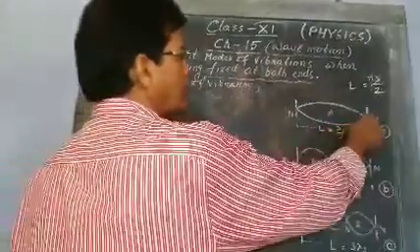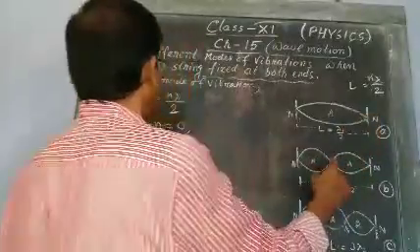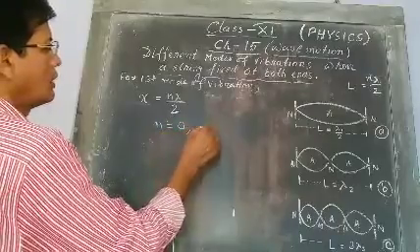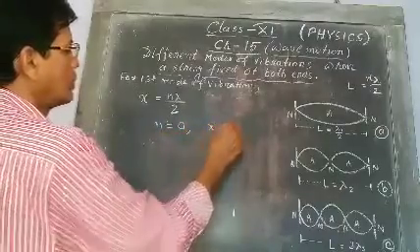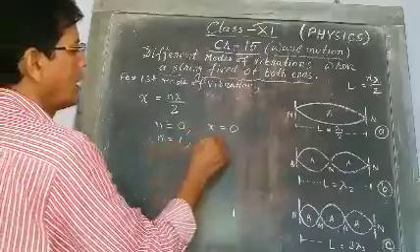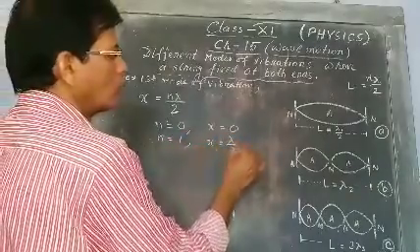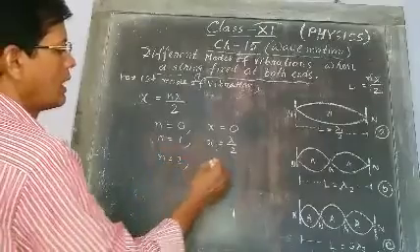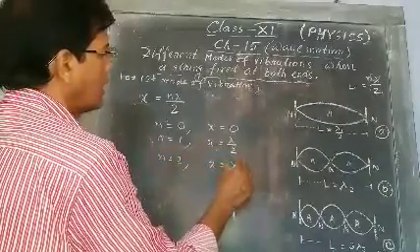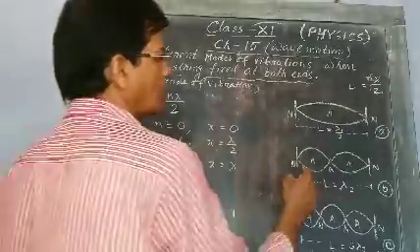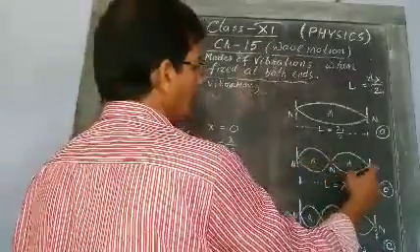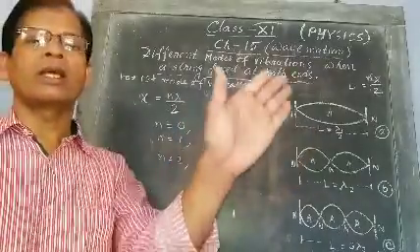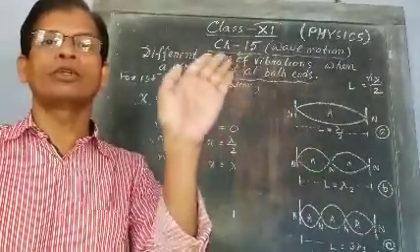So when n equal to 0, x equal to 0, n equal to 1, x equal to lambda by 2, and when n equal to 2, x equal to lambda. So in this way, if you put 3 like this way, you will get the position of nodes.